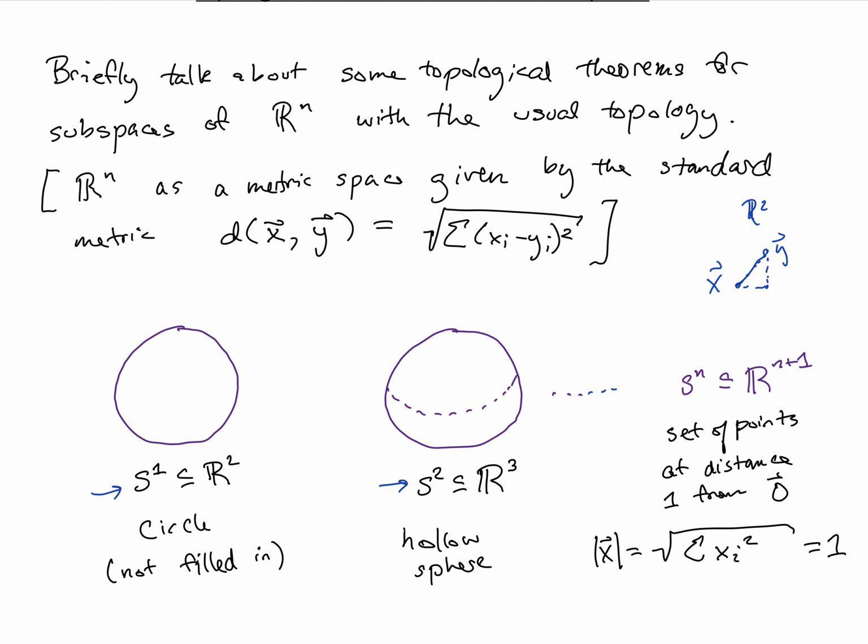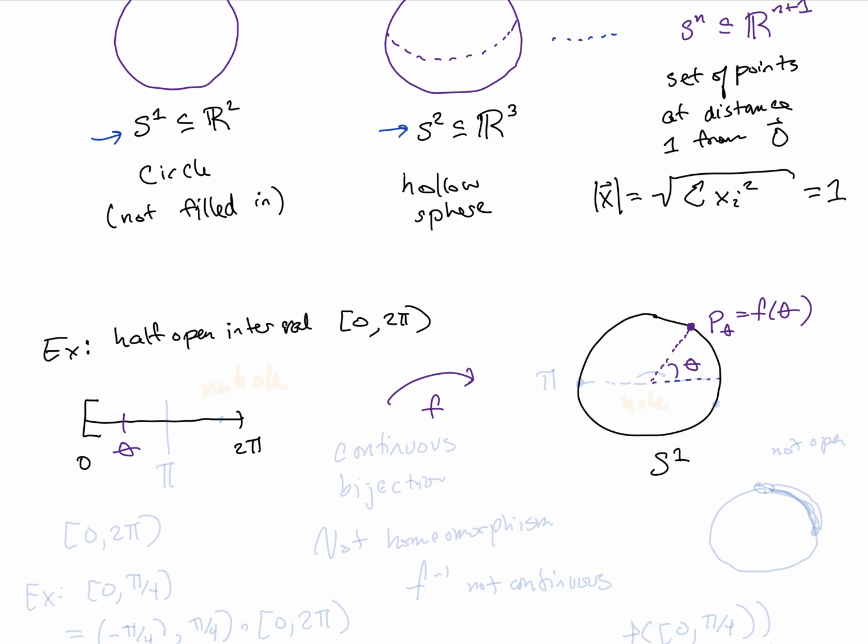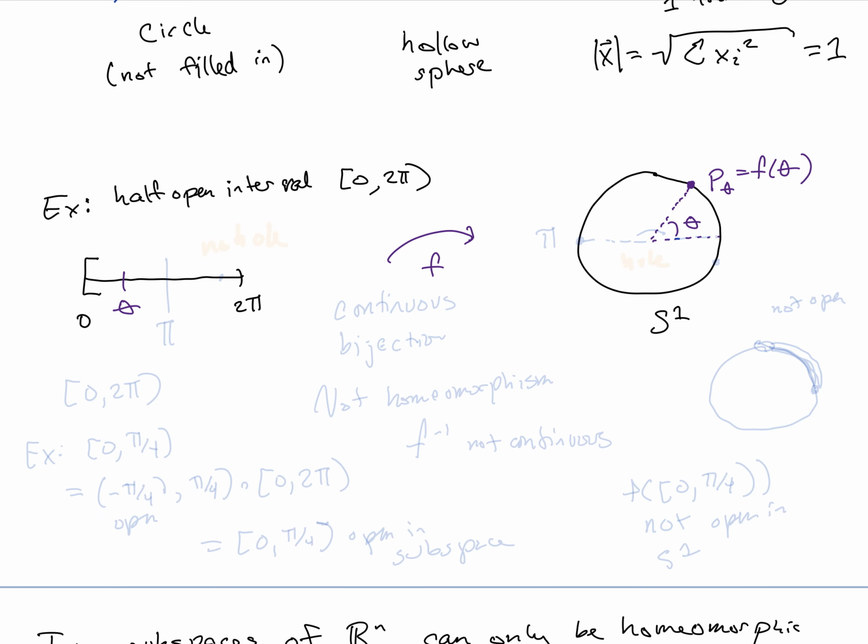So as an example, if we look at the half-open interval that goes from 0 to 2 pi, and we think about a function mapping this half-open interval to S1, one kind of obvious function we could use is to take the point on the interval, say pi, and map it to its angle pi on the unit circle.